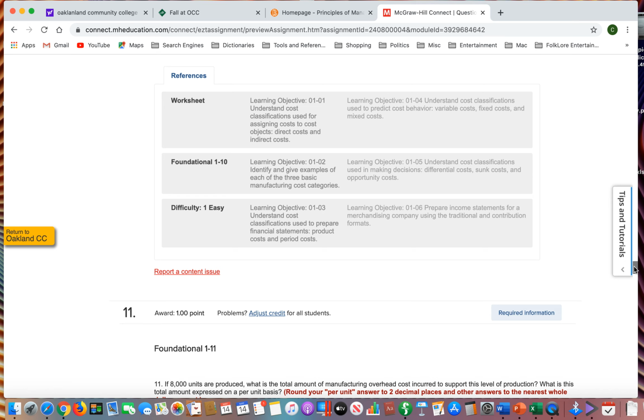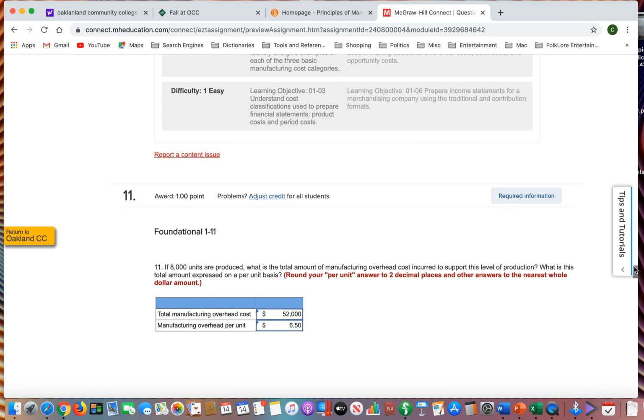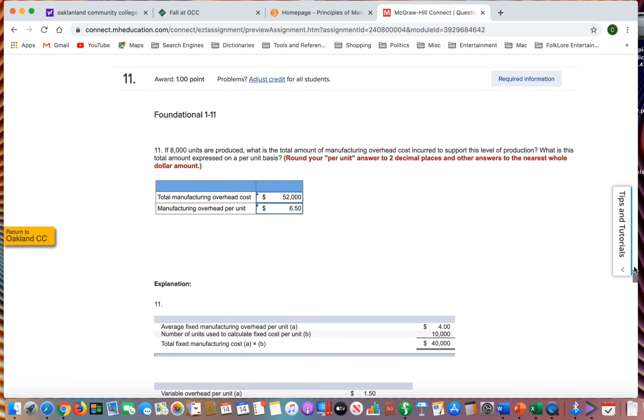Now, if 8,000 units are produced, what is the total amount of manufacturing overhead costs incurred to support this level of production? What is this total amount expressed on a per unit basis? Well, we're still at 40,000. That's the total fixed manufacturing overhead cost.